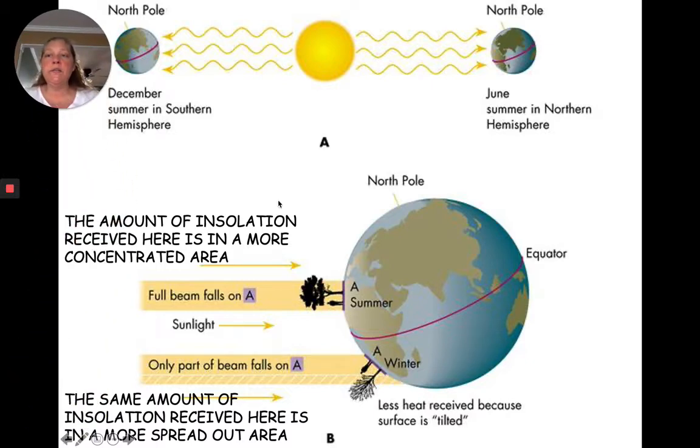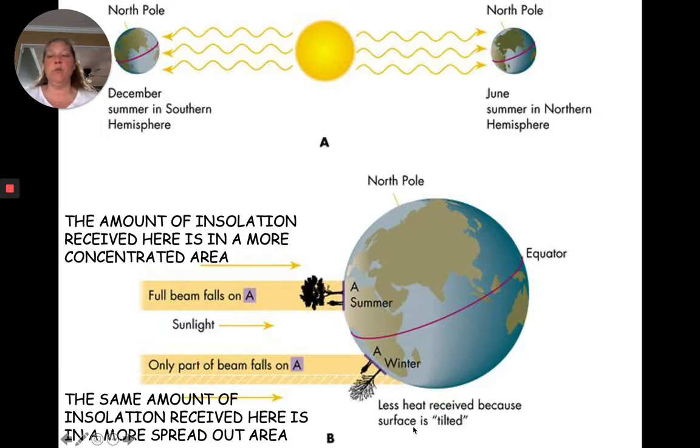That intensity of insolation explains something about the North Pole, because right now we know that everywhere above the Arctic Circle is pretty much receiving close to 24 hours of daylight. So if the duration of insolation is 24 hours a day, how come the North Pole doesn't get any warmer than it does? Well, the sun is out all day, so the duration of insolation is there, but what's not there?